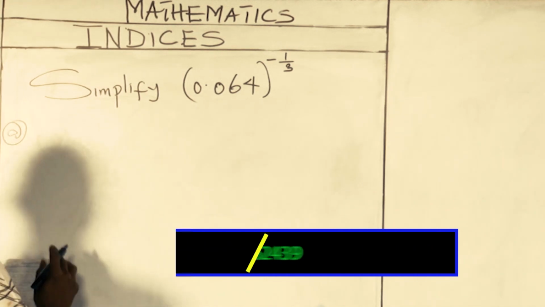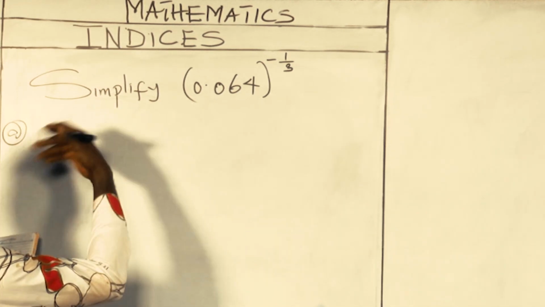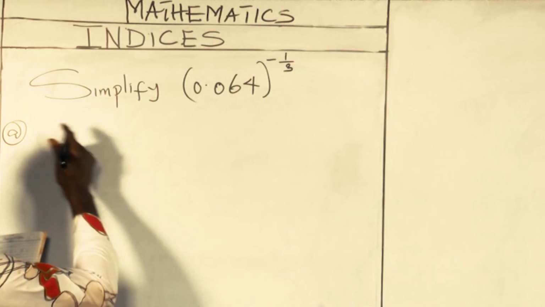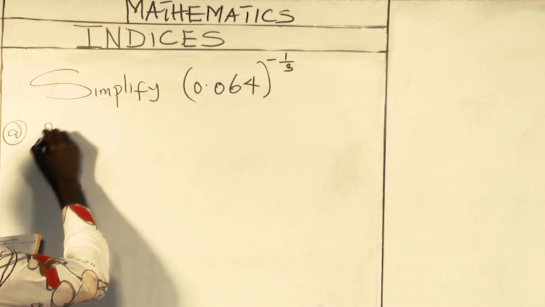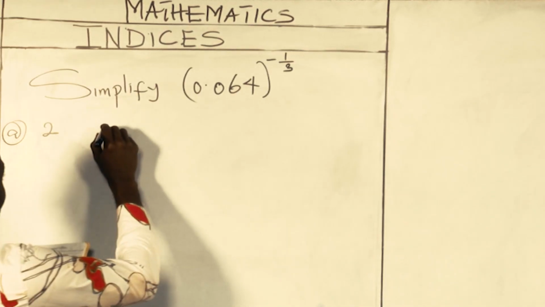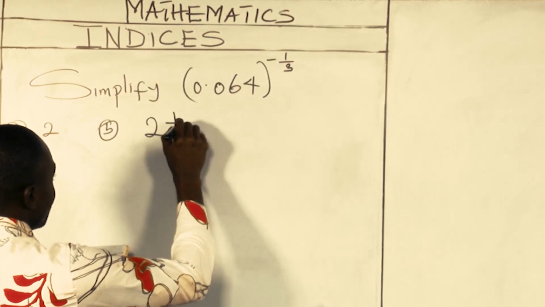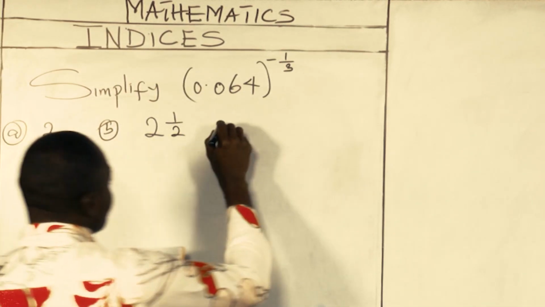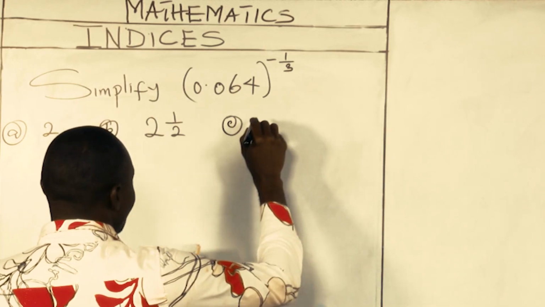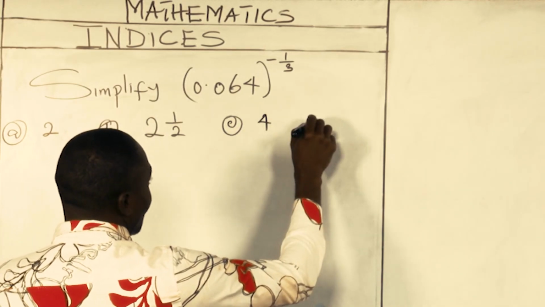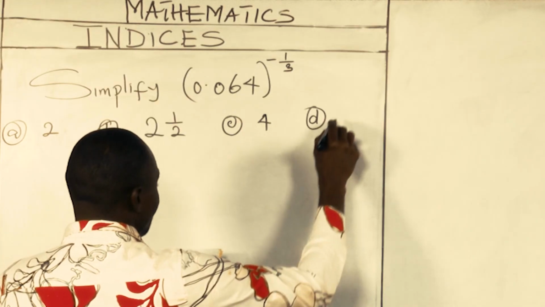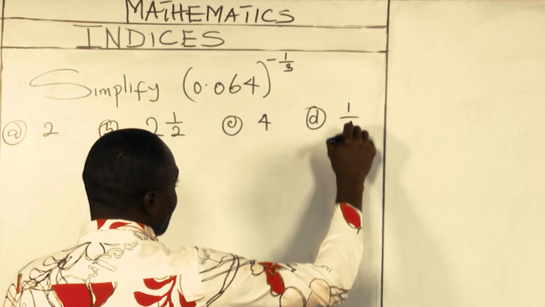We are given options to select the right answer from. The first option is 2. Option B is 2 whole number 1 over 2. Option C is 4, and option D is 1 over 4.